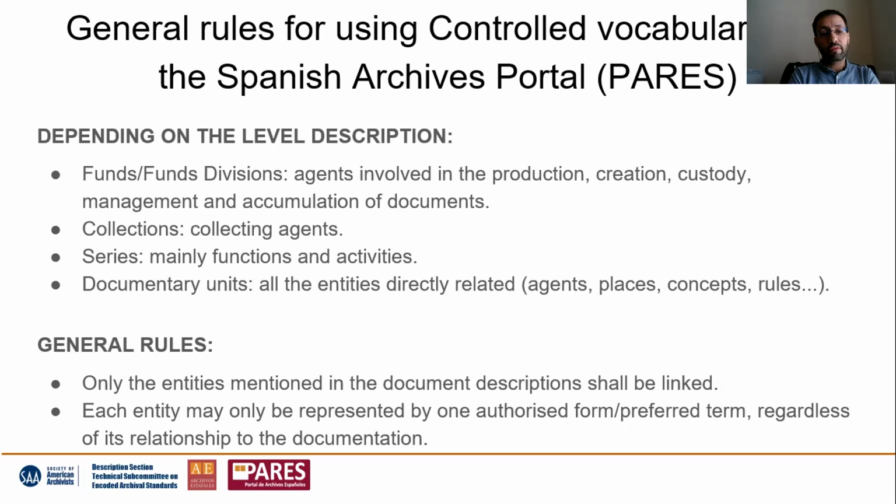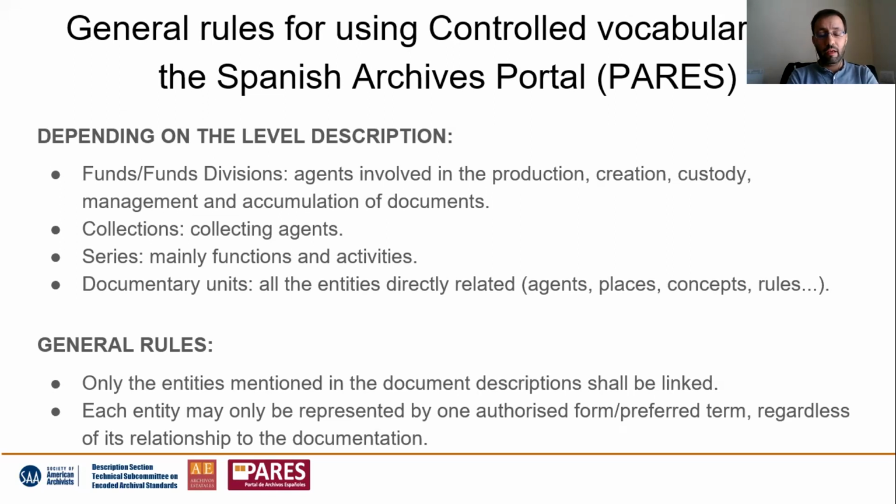For the level of the collections, we mainly link the entities of the collecting agents: the persons, corporate bodies, and families that collect these documents. And for the level of series, the main entities that we link to this description will be the functions and activities that created these documents.